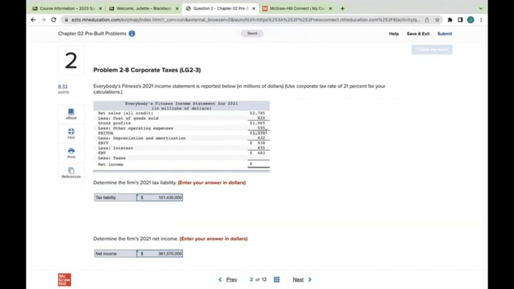So allowable interest is 30% of it. So deduct that 30% from this and multiply 21% to that. Oh, okay. Because we are taking a different route, because that's what the textbook wants.